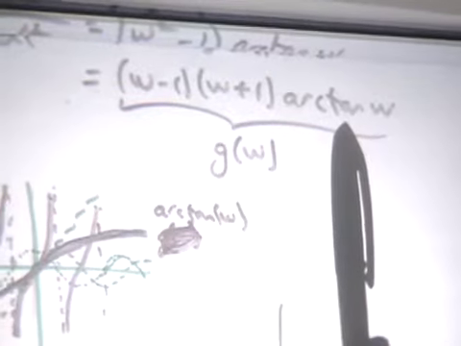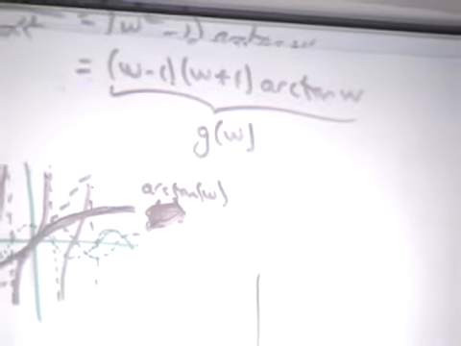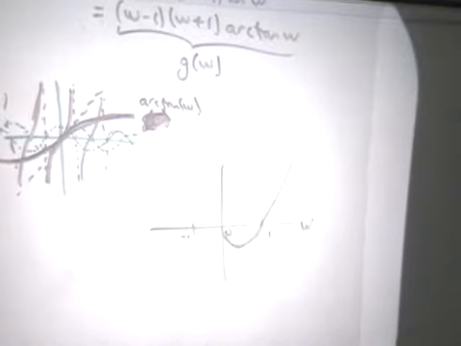When w is bigger than 1, all three of these factors up here are positive, and so the graph becomes positive. It goes above the w-axis. And in fact, because the quadratic part goes to infinity as w goes to infinity, the graph of this would continue going up, even though the arctangent of w approaches a limit as w goes to infinity.